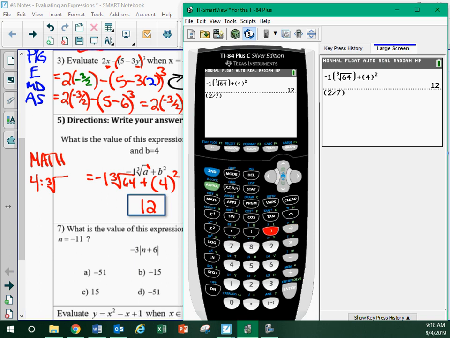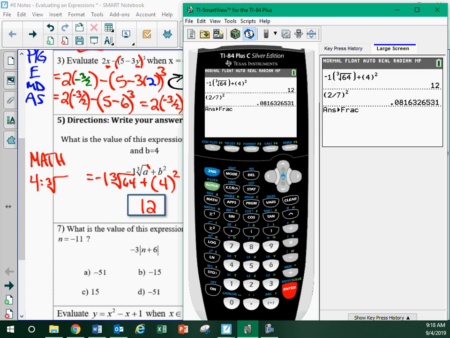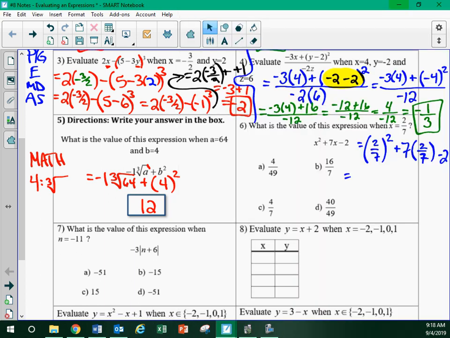Close your parentheses. Then hit your square. Did we get that crazy decimal? Yeah. Okay, turn it back into a fraction. How do we turn it back into a fraction? Math, frac. You should get 4/49. Good. 4/49.